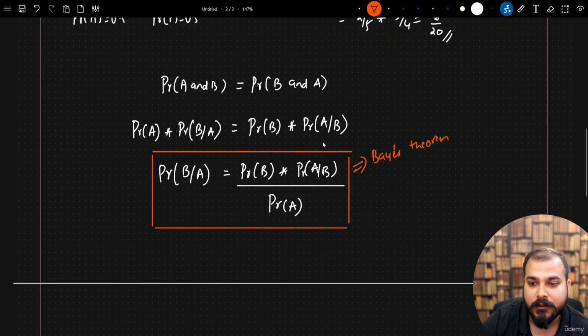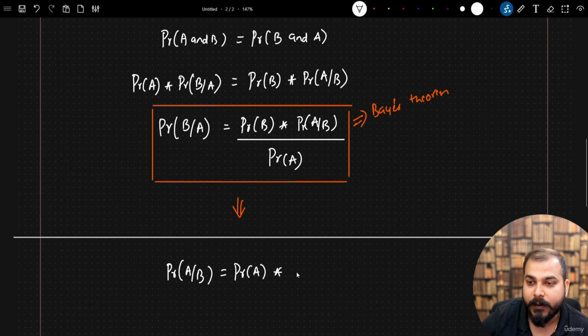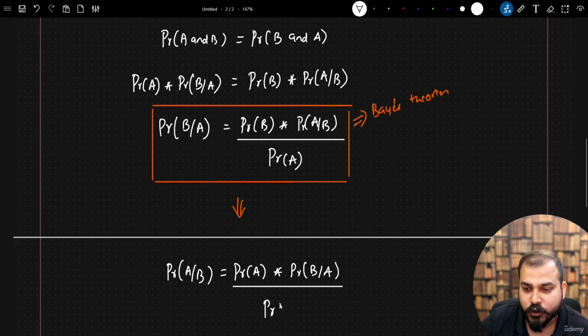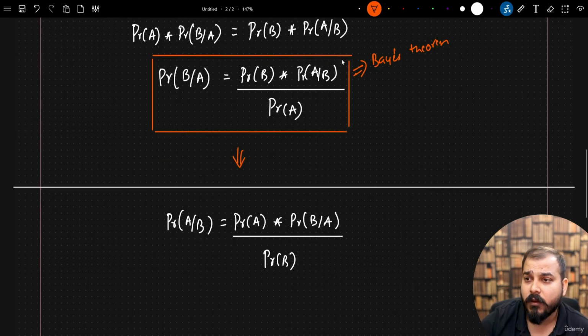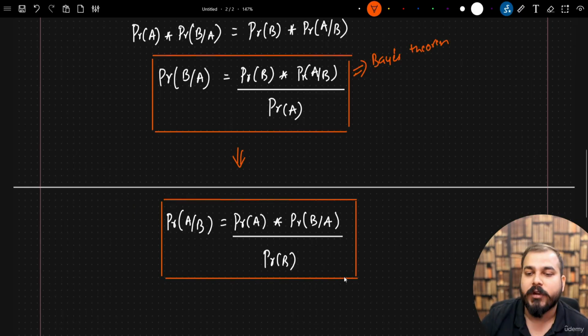The similar part of this equation I can also write like this: probability of A given B is nothing but probability of A multiplied by probability of B given A. Why am I writing it like this? Because in most textbooks, they will show you this equation also. And this is also Bayes' theorem. These both are one and the same with respect to different events. Here I have used A event and B event, both notations.